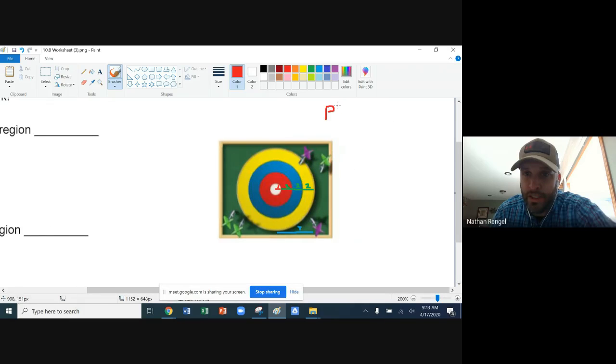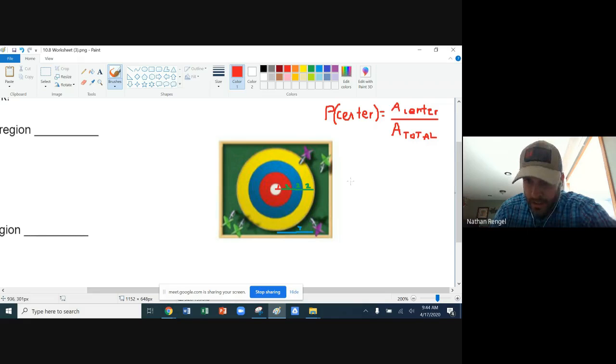So to find the probability of hitting the center, I'm going to look at the area of the center compared to the area total. Both of them are circles, so we'll be using the circle formulas.